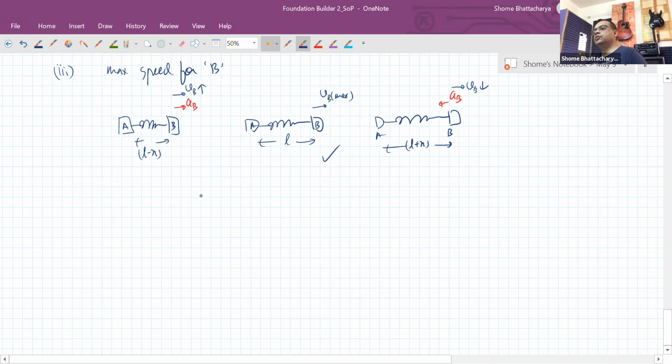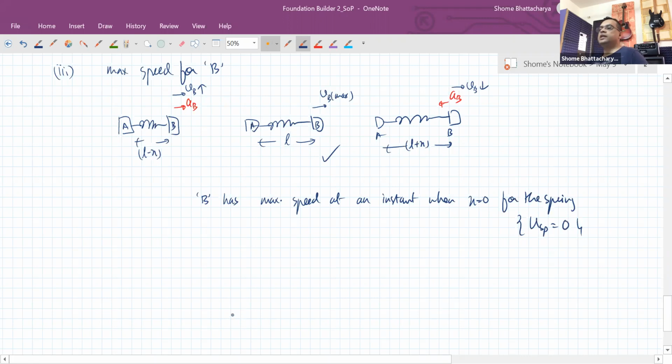Okay. So B has the maximum speed at an instant when x is equal to 0 for the spring. Or another way to understand it is that the potential energy of the spring becomes 0. So kinetic energy of the system becomes maximum.